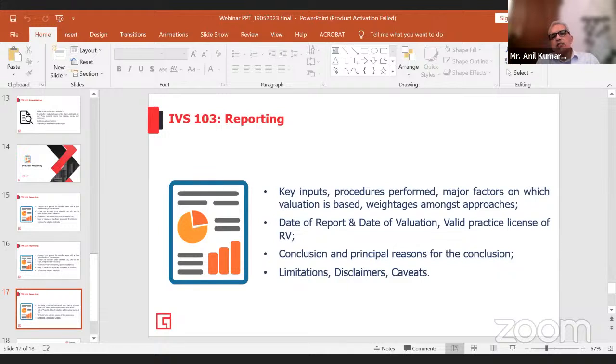Ultimately, the conclusion and the principal reasons for valuation is important to be clearly put down in the report, and capture all the disclaimers and caveats. So that is from the reporting side.